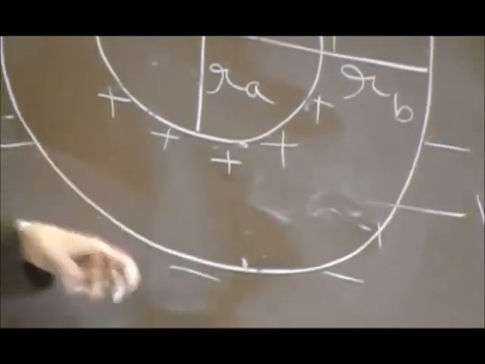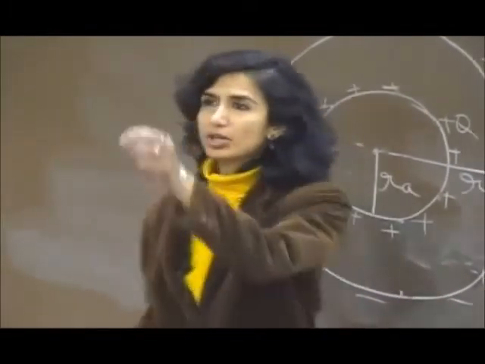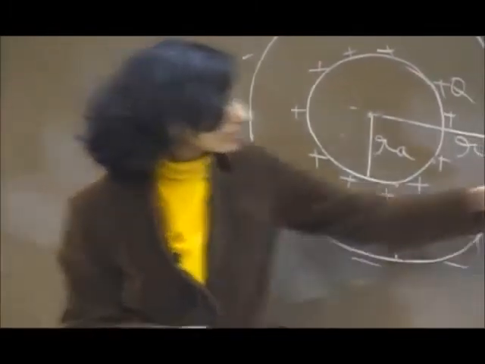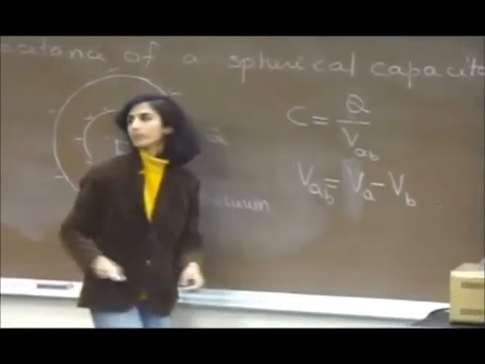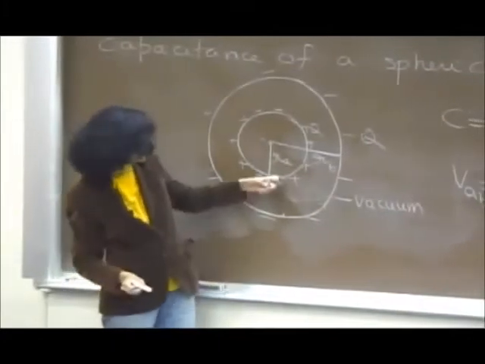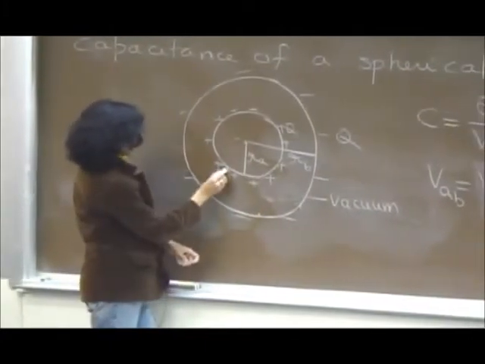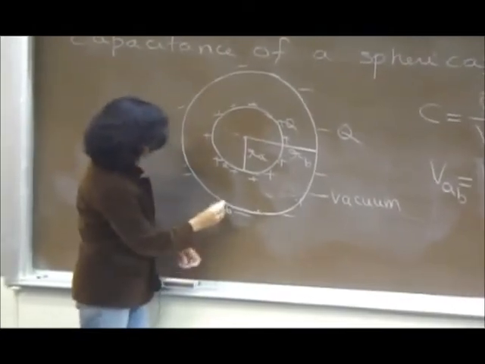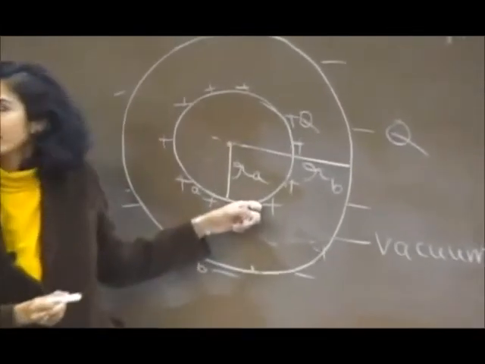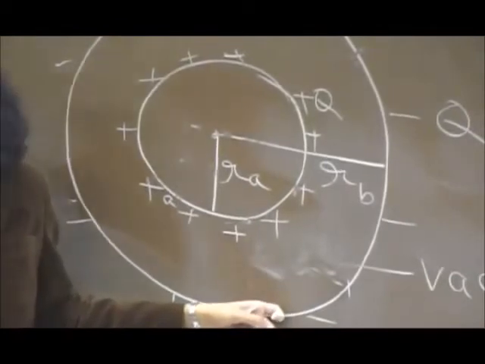All right, so tell me what would be VAB. Because VAB is really nothing but VA minus VB. It's the potential at this point A, let's call it sphere A, and this is sphere B. So basically VAB is the potential right here minus the potential right here.